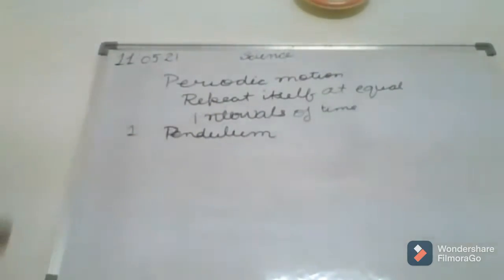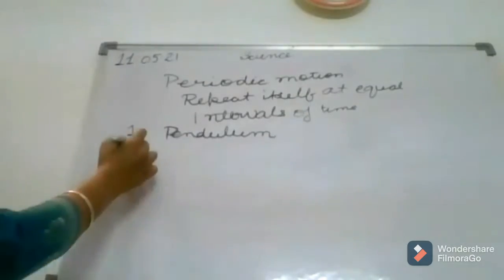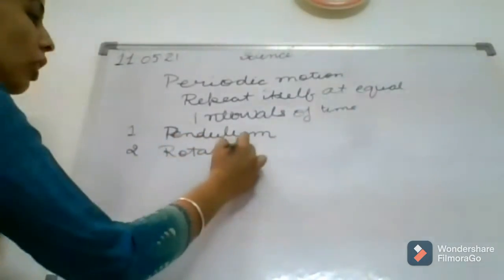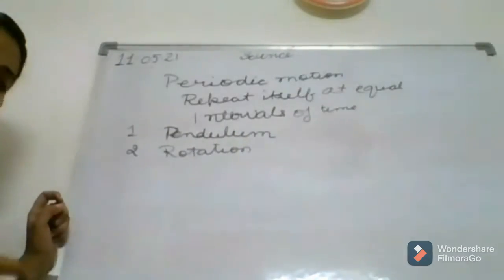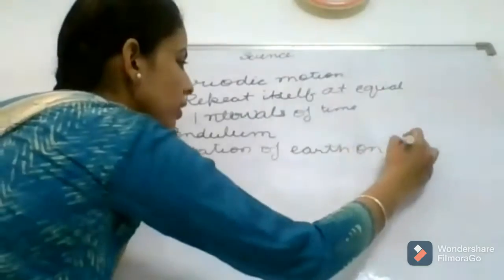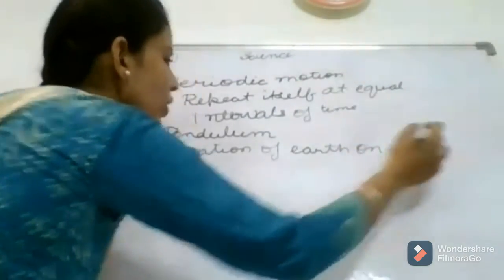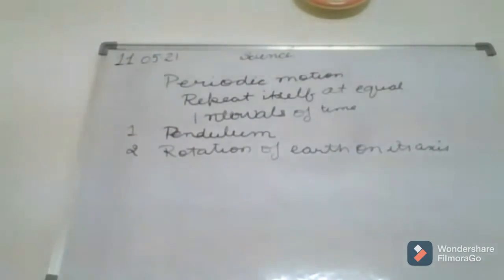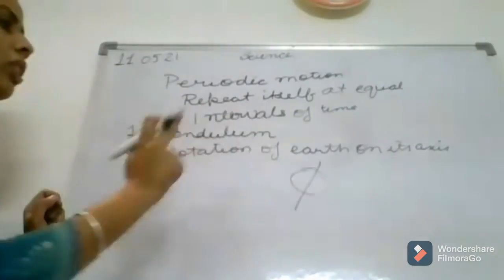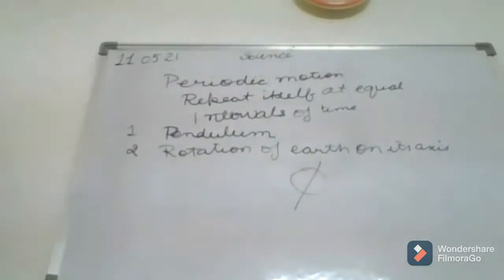Clear? Next, second example is rotation of Earth on its axis. Therefore on Earth, there is a change in day and night because it is also rotating on its own axis.